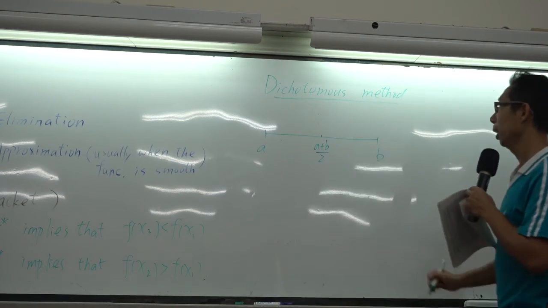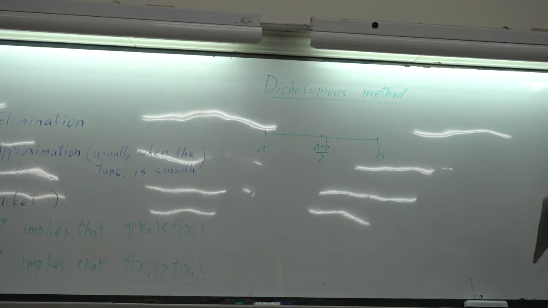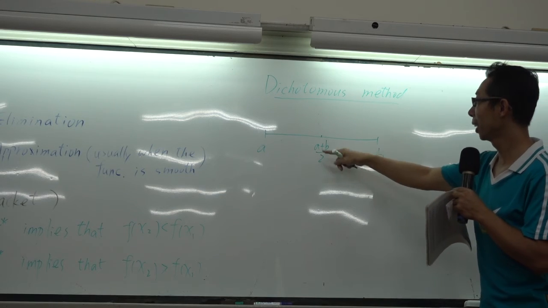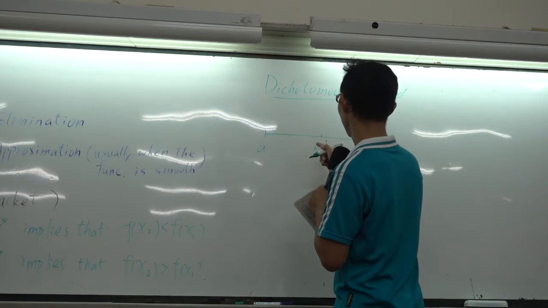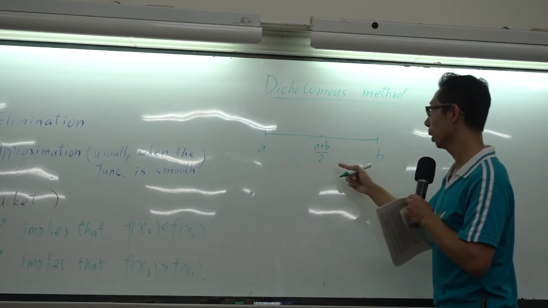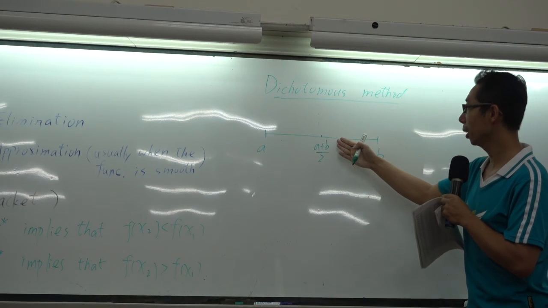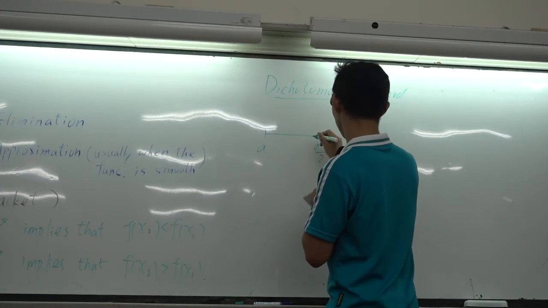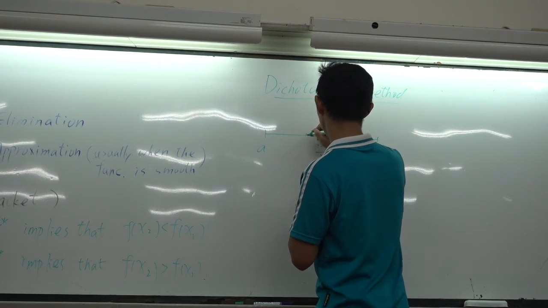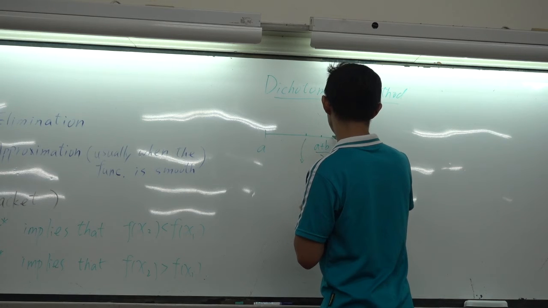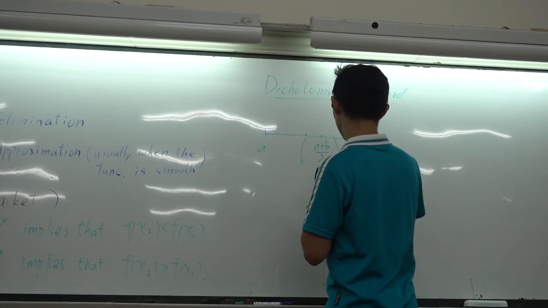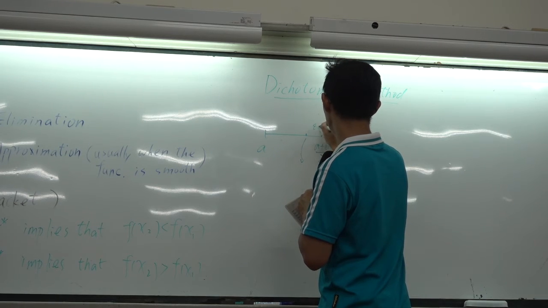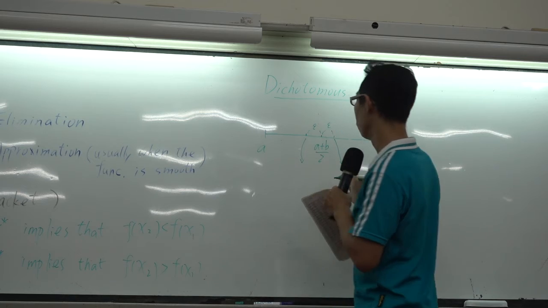The thing is, we actually do not need this. What we actually want is a point larger than this and smaller than this, this point and that point. Let's say this is called epsilon, a small number.